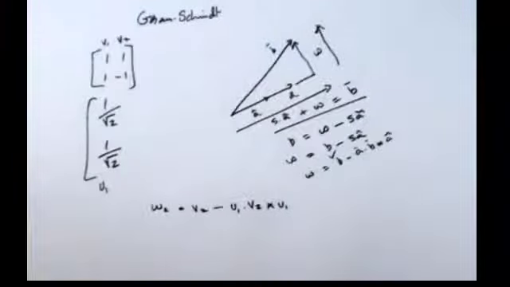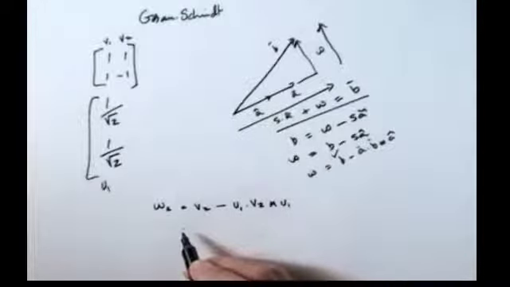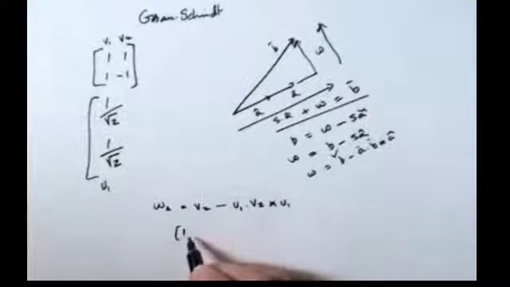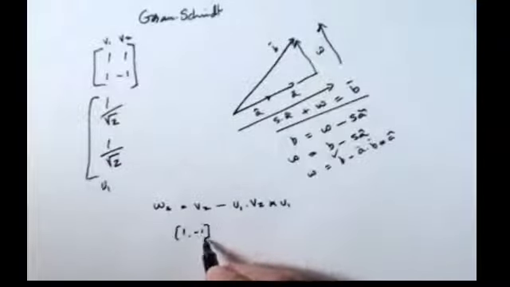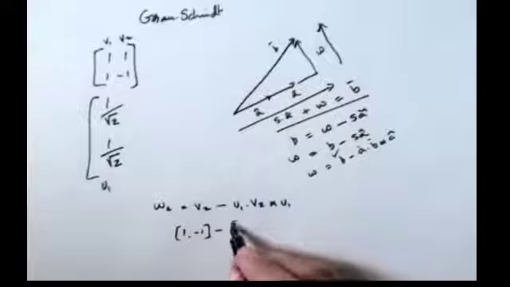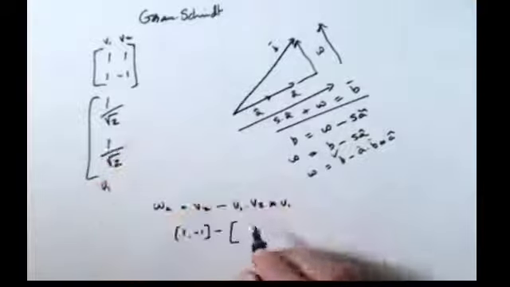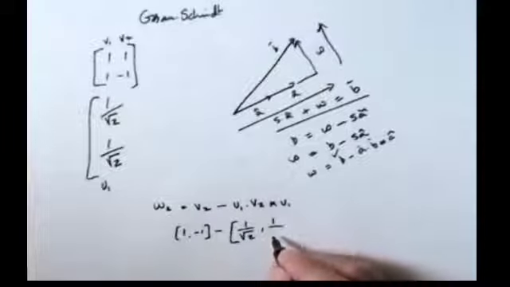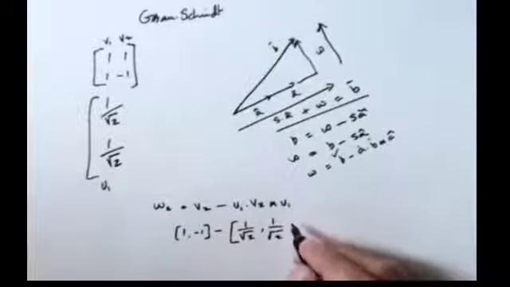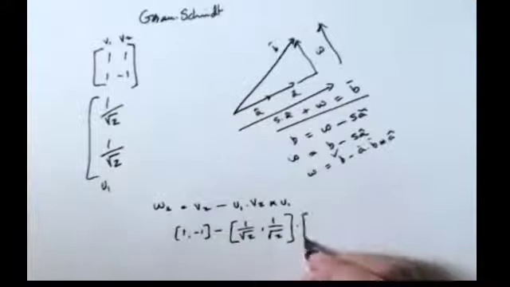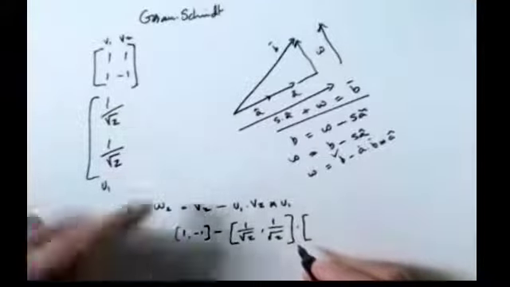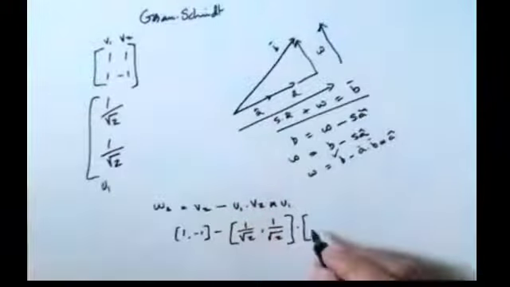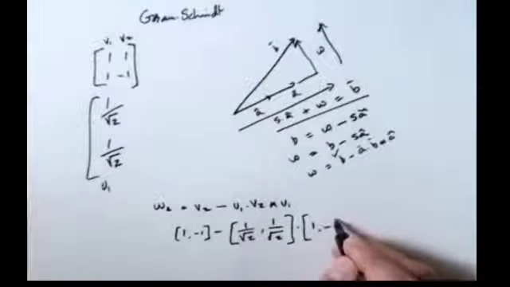And let me plug in the values over here. V2 is (1, -1), minus U1, which is (1 over root 2, 1 over root 2), dot, this is the inner product with V2, which is (1, -1).